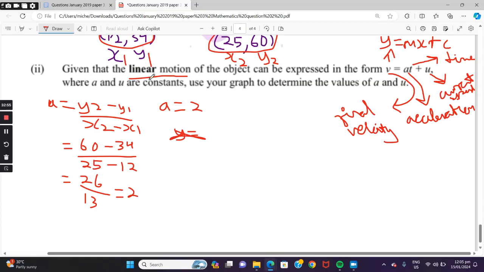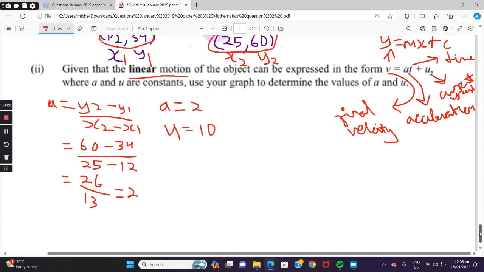Sorry, I read the wrong thing here. Wait, U is equal to 10. All right. Use your graph to determine the values of this.